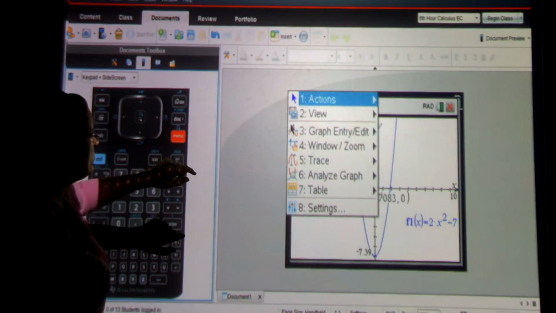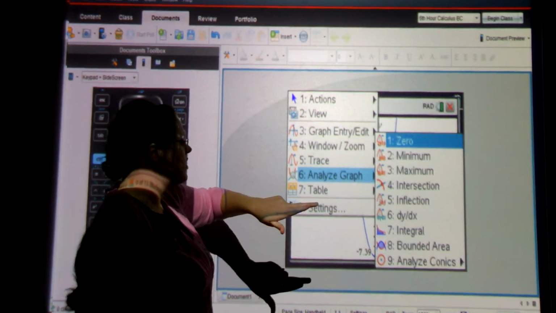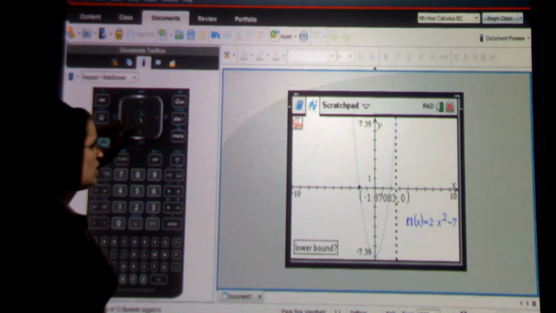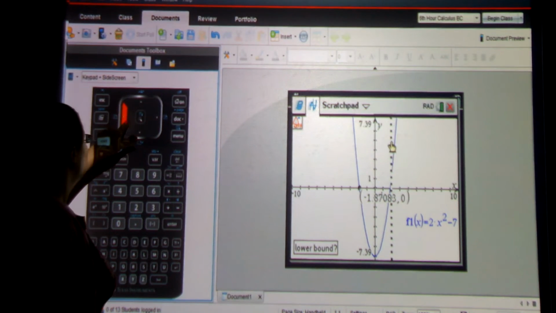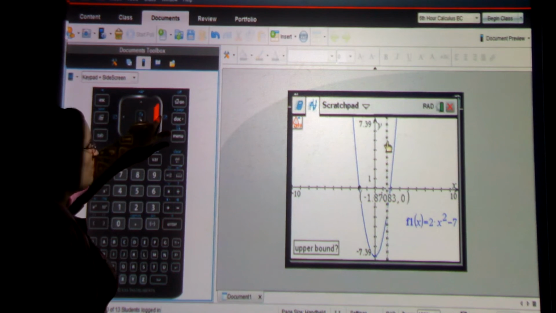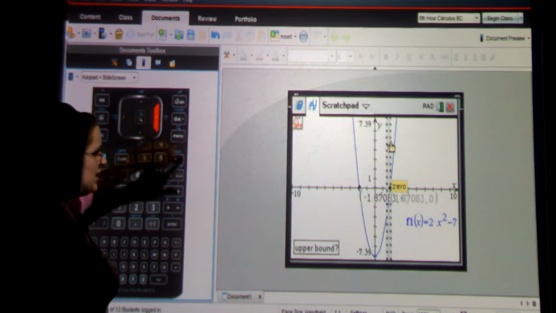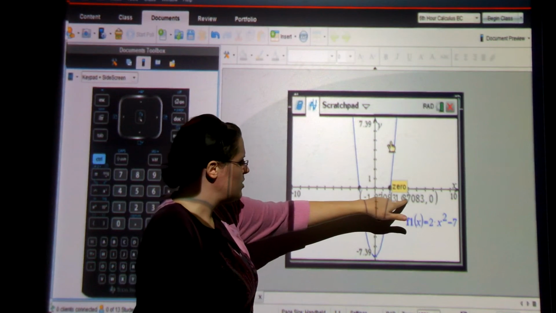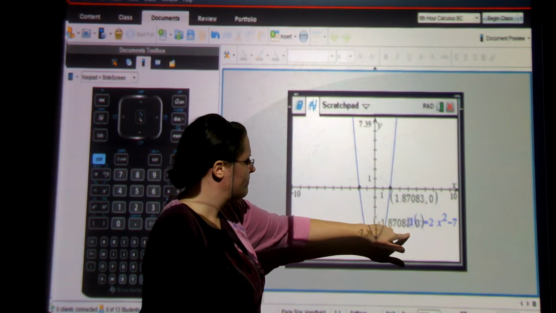So I'll do menu, analyze graph, zero. Use my arrows to go before the zero, enter. Go past the zero, enter. Sometimes they overlap if they're close, but you can always move them.